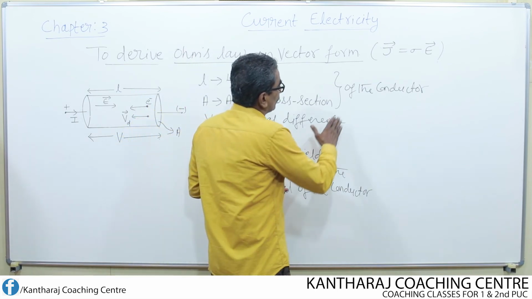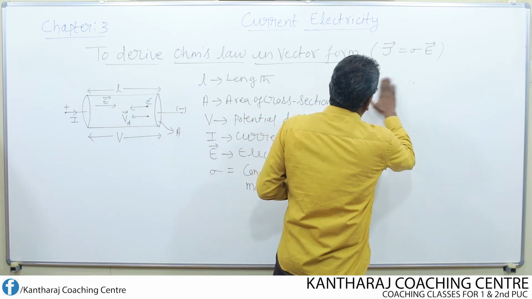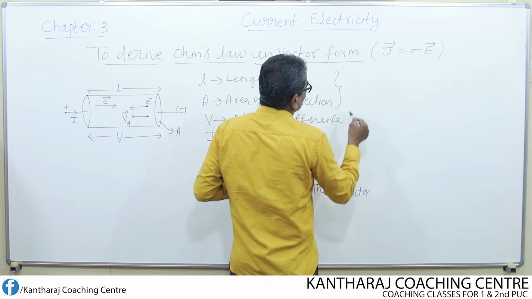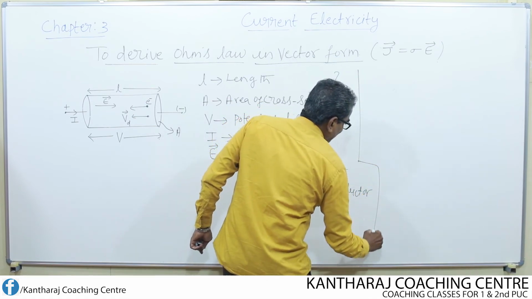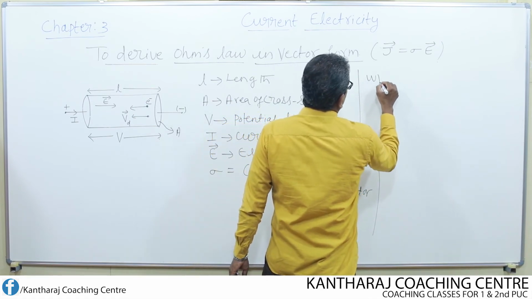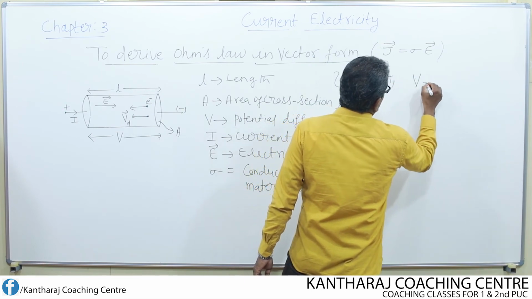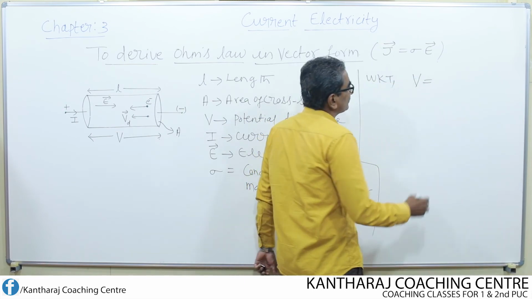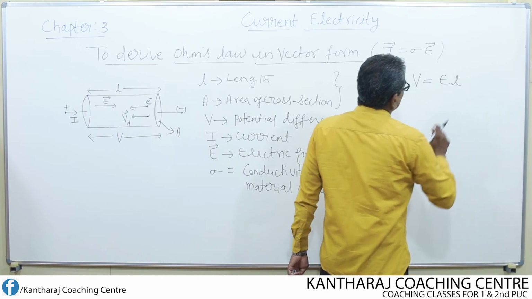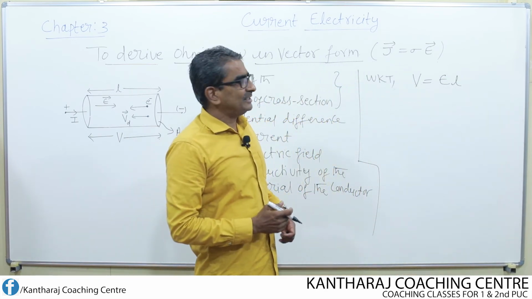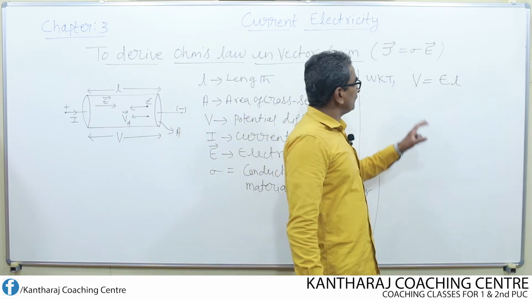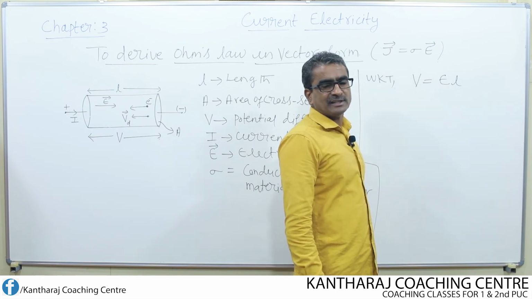Now let us go for the mathematical part. I can write the potential difference: we know that V is equal to E into L. What is the basis to write the expression for potential difference like this?